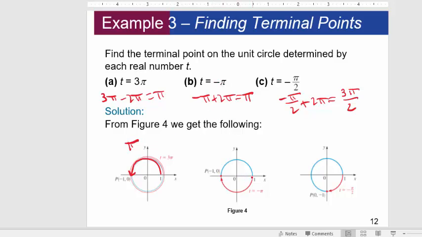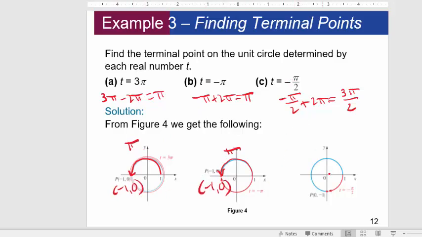Negative pi, okay, I wrapped around the circle half a rotation, but I went clockwise, which would be the same as if I went counterclockwise half the circle, which would also be pi. So 3 pi and negative pi are both coterminal with pi. So they're always the same point. So these two, A and B, would have the same terminal point, which would be negative 1, 0.